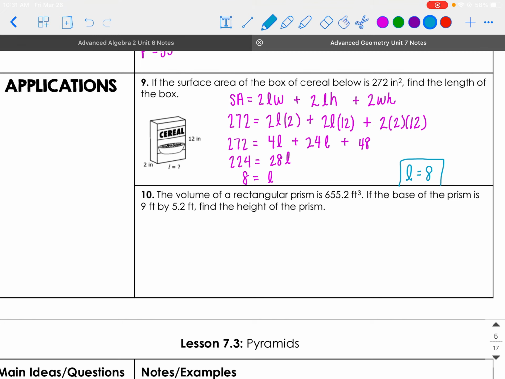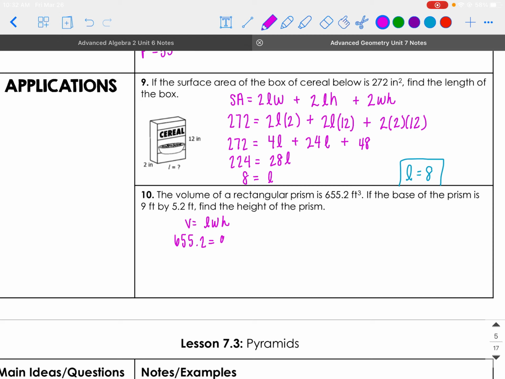All right, the volume of a rectangular prism is 655.2 cubic feet. If the base of the prism is 9 by 5.2, find the height. So volume is length times width times height.